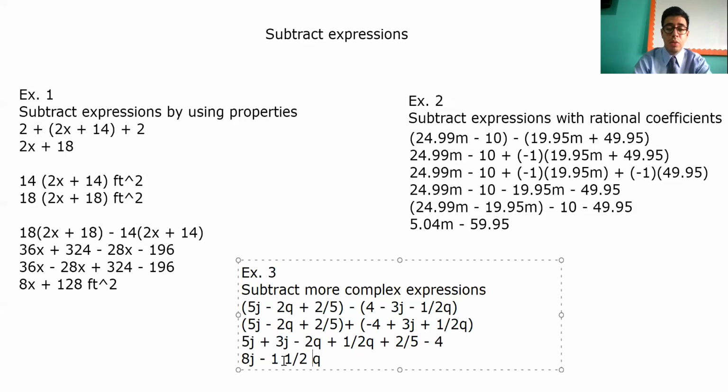This is the fraction, 1 and 1/2 q, minus 3 and 3 over 5. And this is the result of this operation when we have 2 over 5 minus 4, okay? So we subtract again the fractions. It's like you have, for example, 2 over 5 minus 4 over 1.